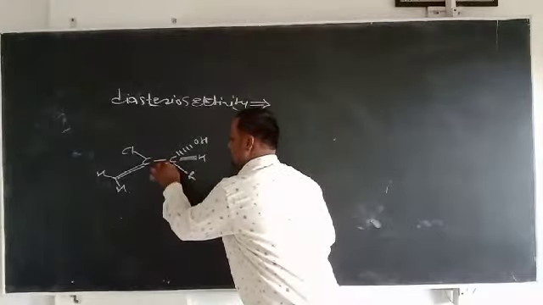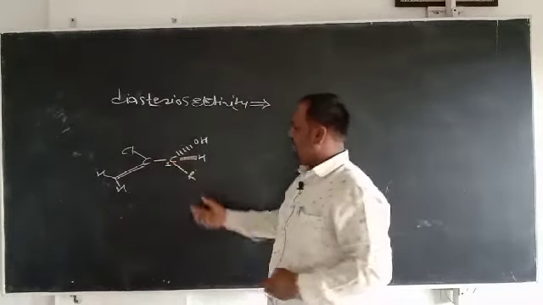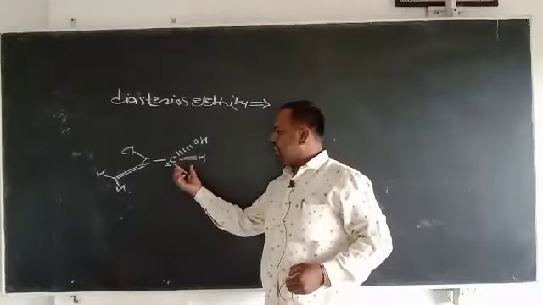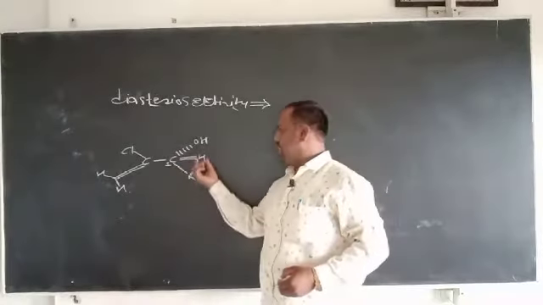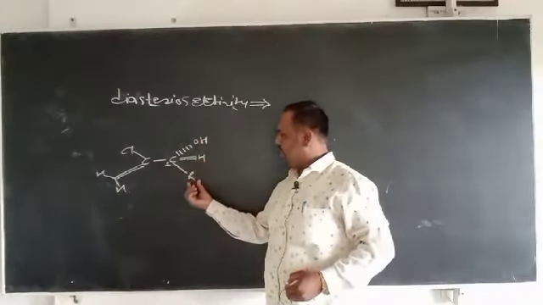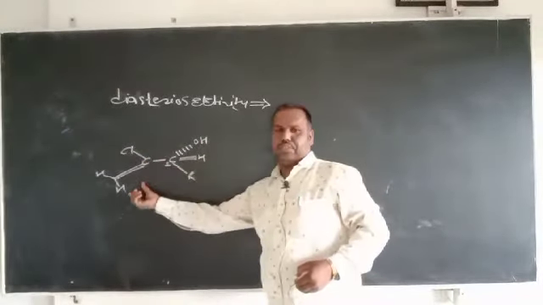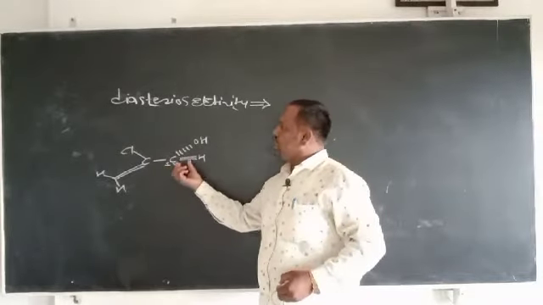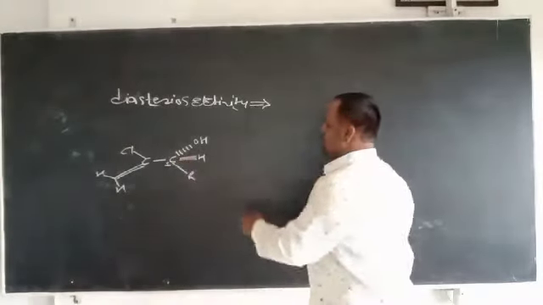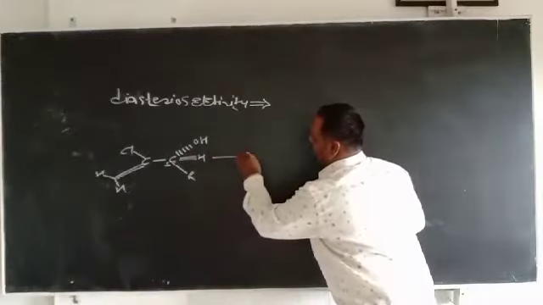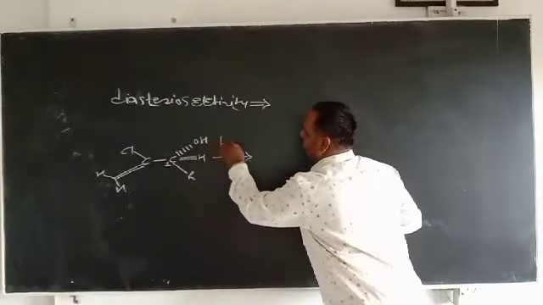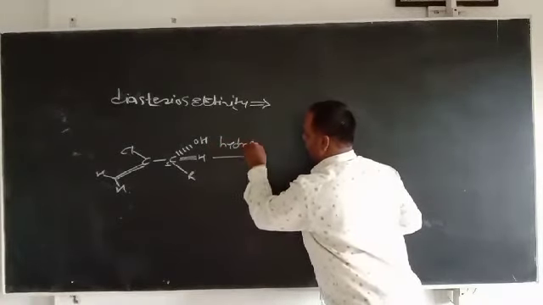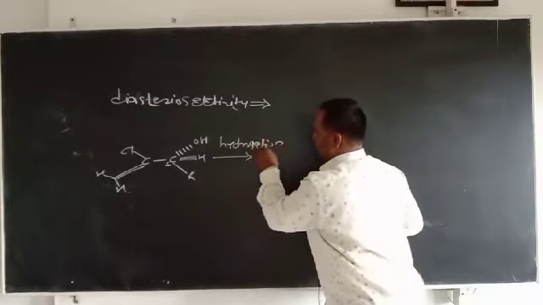Let us consider this carbon as carbon number 1. This is a chiral carbon because it is attached to four different substituents: hydroxyl group, hydrogen, methyl group, and this other substituent. Therefore it is a stereocenter, and it undergoes a hydrogenation reaction.